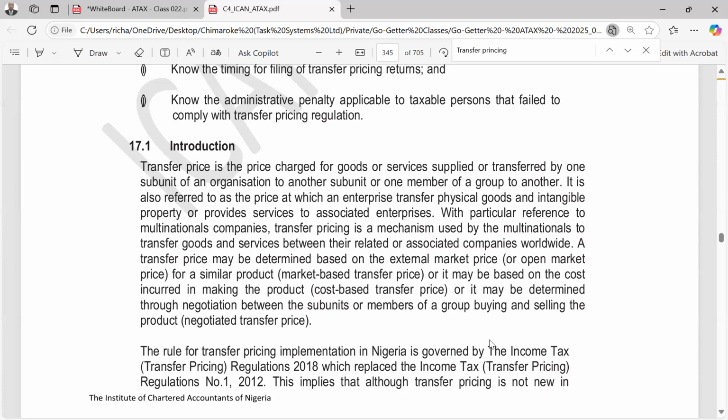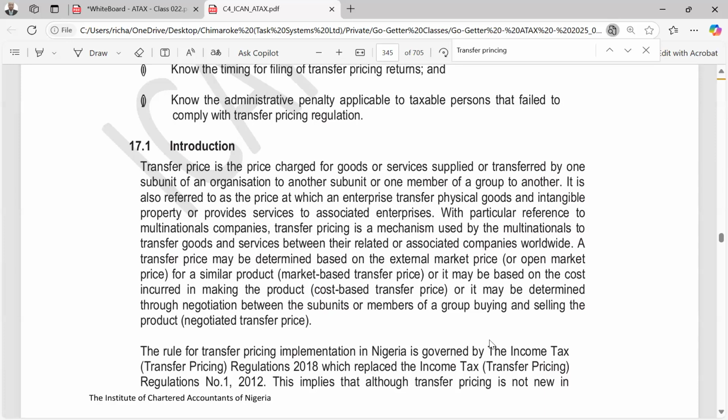It is also referred to as the price at which an enterprise transfers physical goods and intangible properties. Intangible properties could be intellectual properties or franchise, or provide services to an associated enterprise.